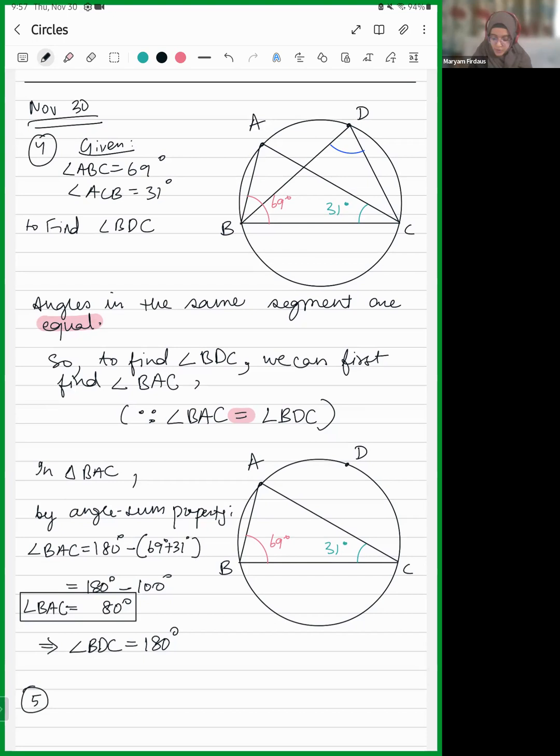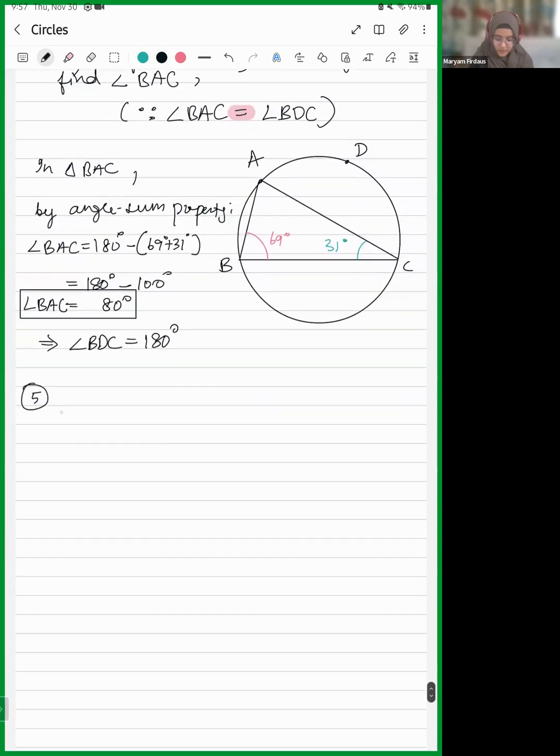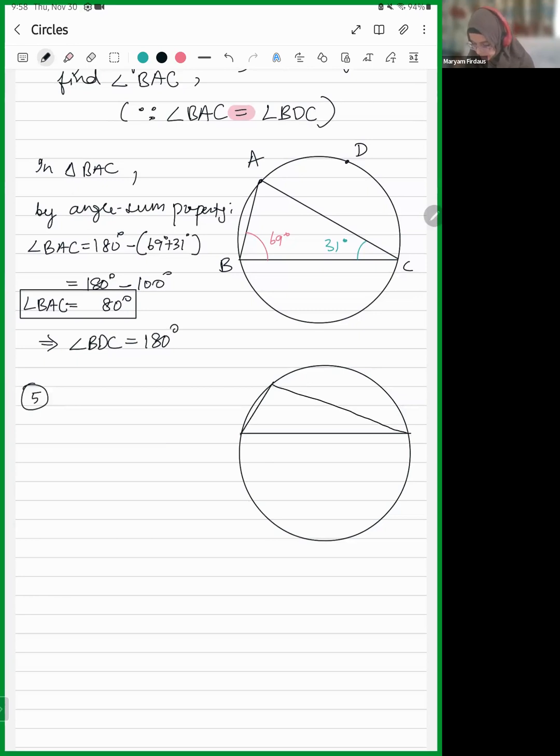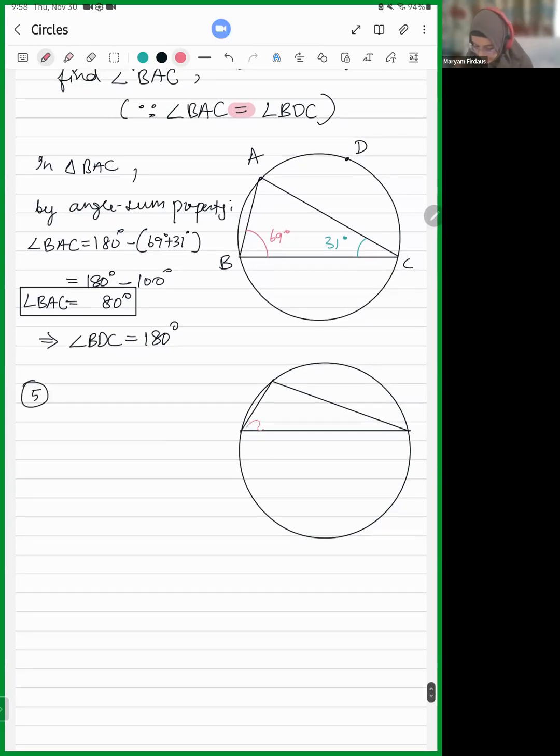Okay. So in this figure, we have a chord again, and we have this angle. Please draw the diagram. Then we have this chord.